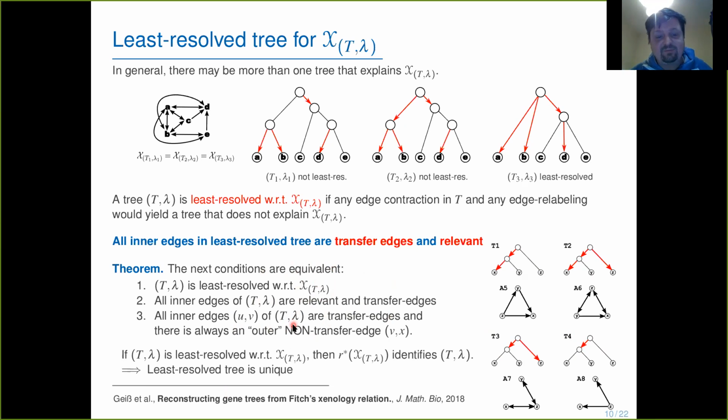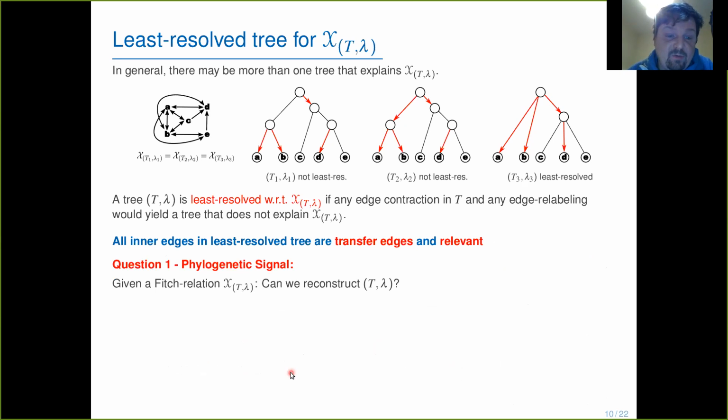And this means that the informative triple set identifies our edge label tree T lambda, which means that any other tree that also displays this triple set must be a refinement of this tree, which essentially tells us that the least resolved tree is unique. That's the first observation that we had.